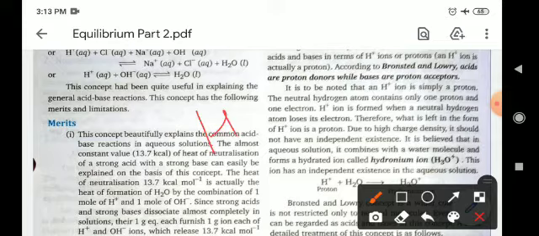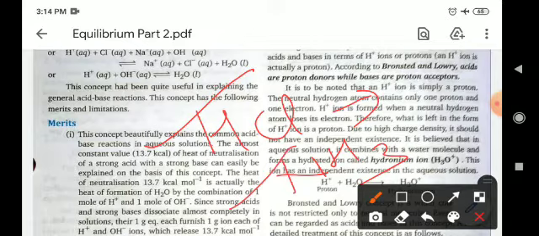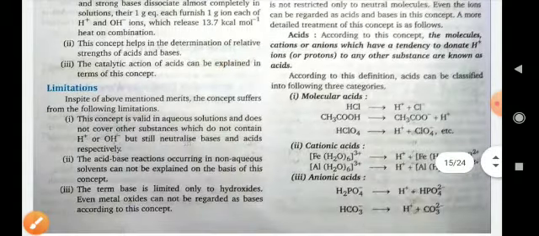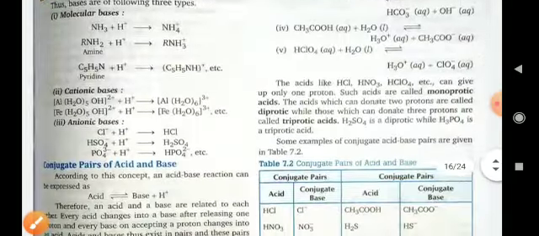For example, HCl can donate a proton and NH3 can accept it, so HCl is an acid and NH3 is a base. So this is the Bronsted-Lowry concept of acids and bases.